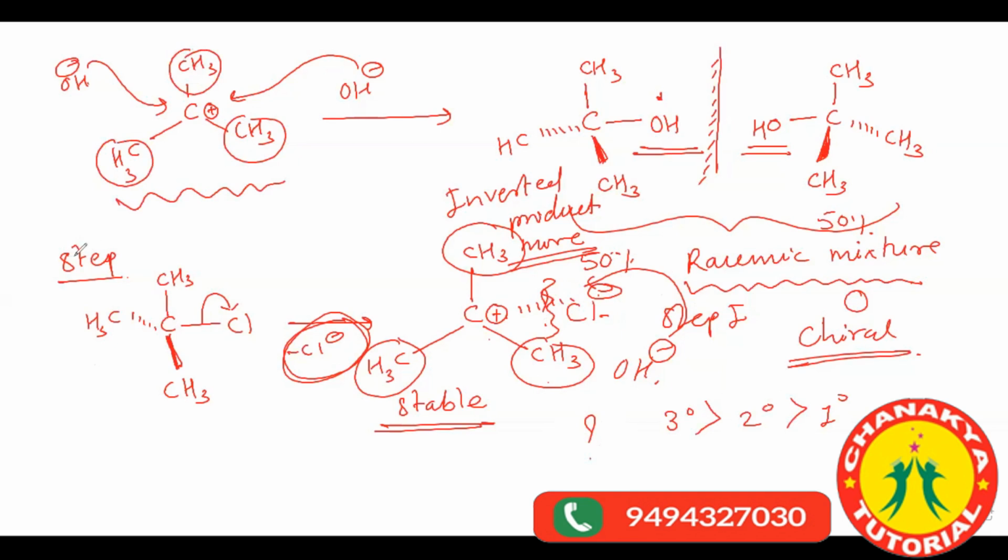Bulkiness won't matter at all, because when the carbocation is formed, it creates a 120-degree angle and the groups get well separated, isn't it? So bulkiness doesn't affect the rate of reaction in SN1. But bulkiness may affect the rate of reaction in case of SN2. These basic things you need to keep in your mind. Clear?